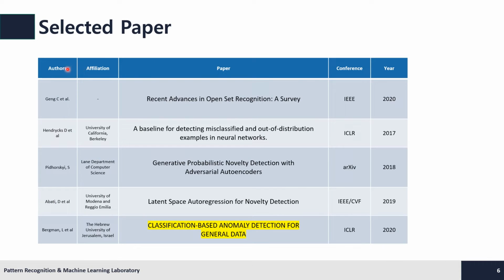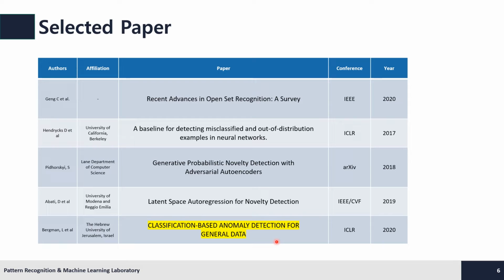The papers I read are those. I decided to apply the most recent paper, the classification-based anomaly detection for general data, whose code can be tried with tabular data rather than only image data.